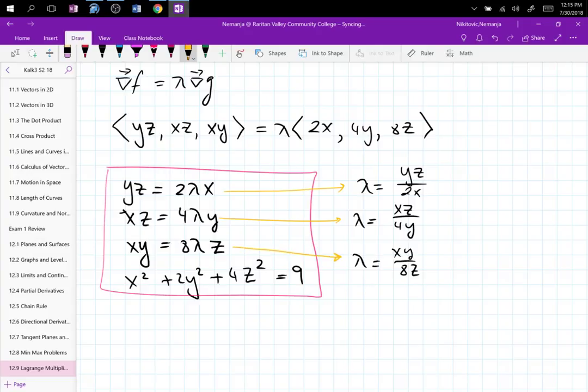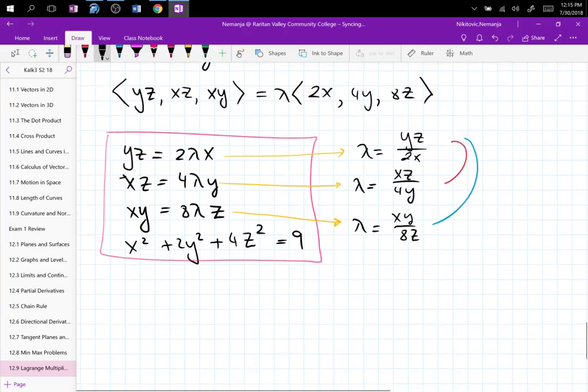And now set the pairs equal. We can either set these or these, whatever. It doesn't matter which ones you set. How about you go first and second and first and third.